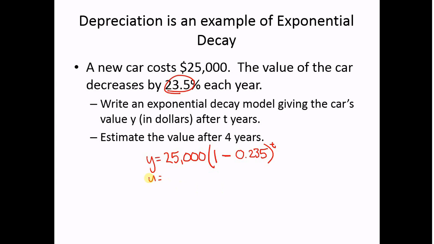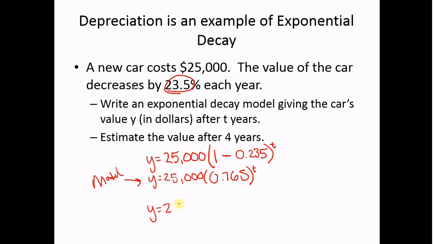So let's figure out what's inside the parentheses. 25,000 times, what's 1 minus 0.235? 0.765, right? To the t. This is my model, so I've answered the first part of my question. Now I need to estimate the value after 4 years. So we're going to plug a 4 in for t.